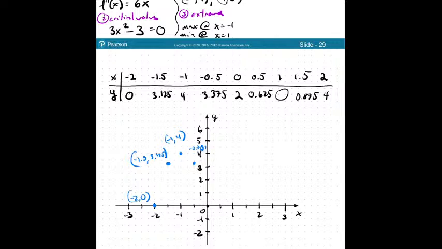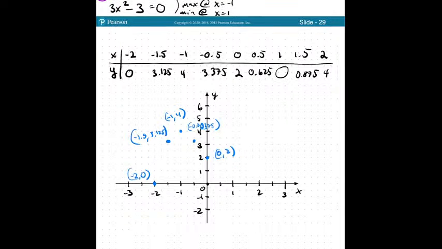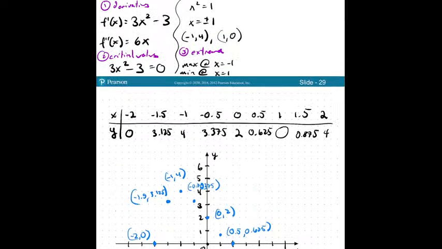Okay, it's a little bit jammed, but you should be able to tell what that is. 0, 2 is here. A half, 0.625, so a little above half is about here. Okay. 1, 0 is here. That was when x was 1, so that was a minimum value? Okay.